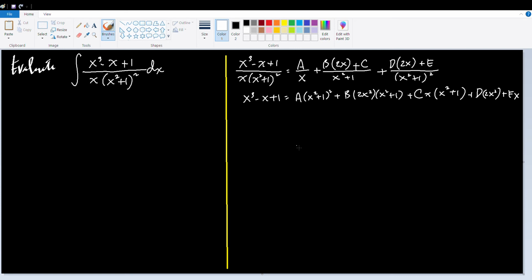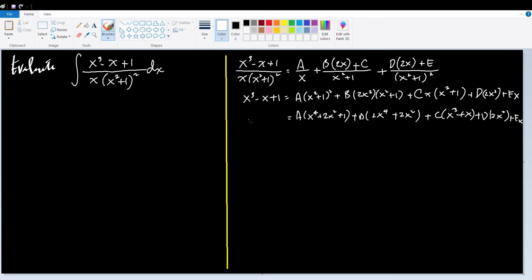Okay, so let us expand and collect similar terms. That will be a times x to the 4th plus 2x squared plus 1, plus b times 2x to the fourth plus 2x squared, plus c times x cubed plus x, plus d times 2x squared, plus ex.